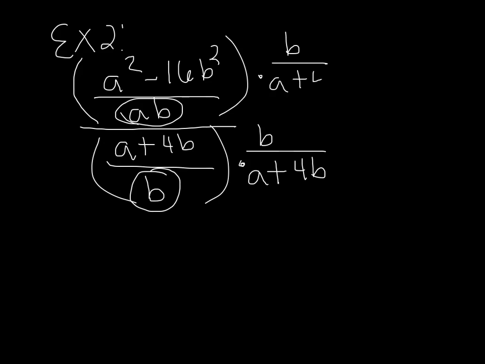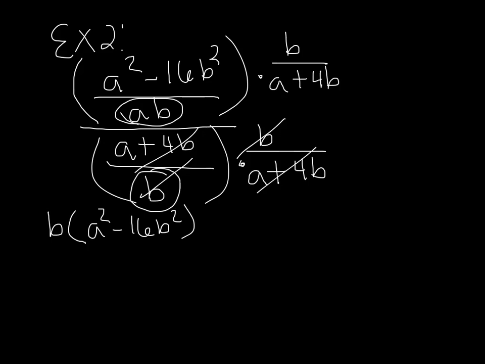Okay, and again that causes my bottom to just simplify to 1. And then on the top, you have b times a squared minus 16b squared all over the bottom, which is ab times a plus 4b.